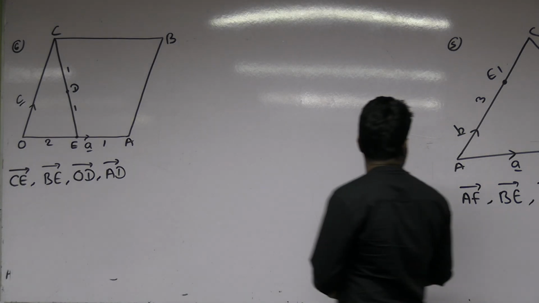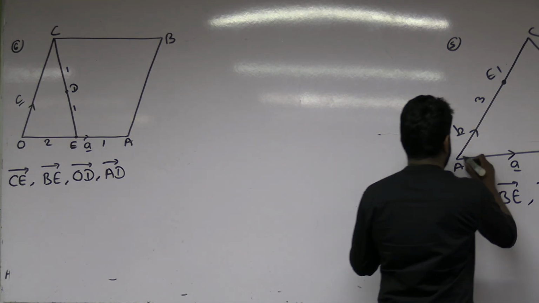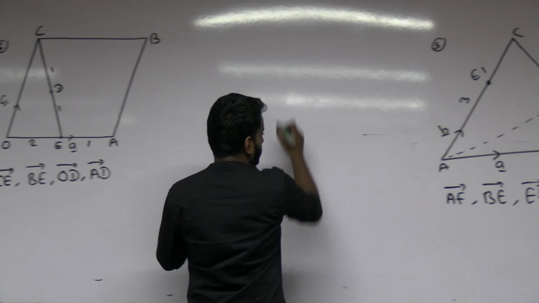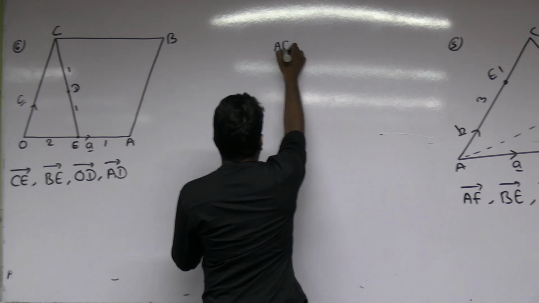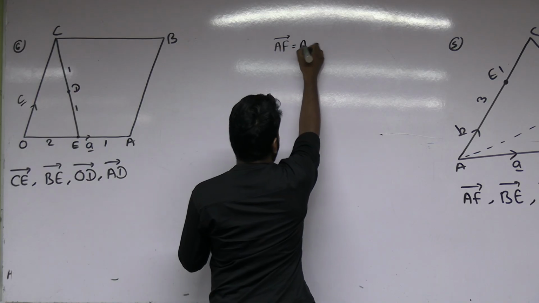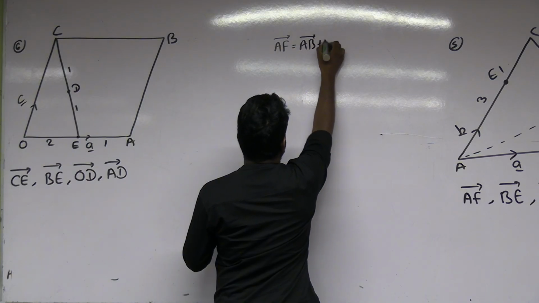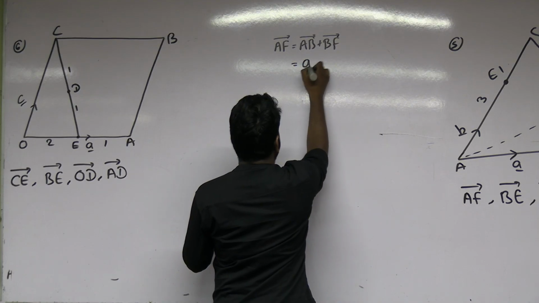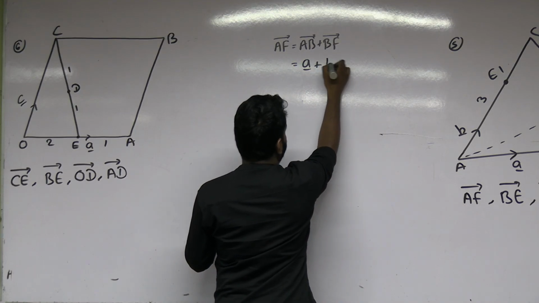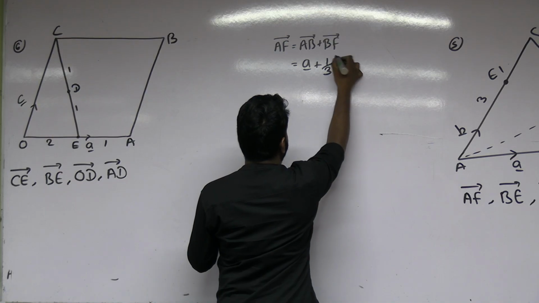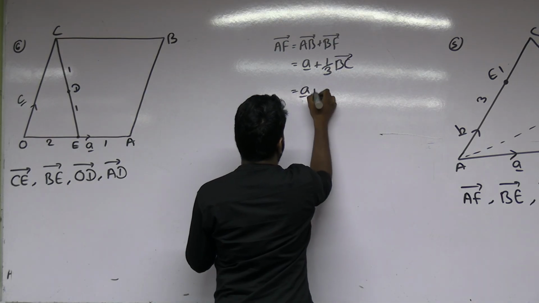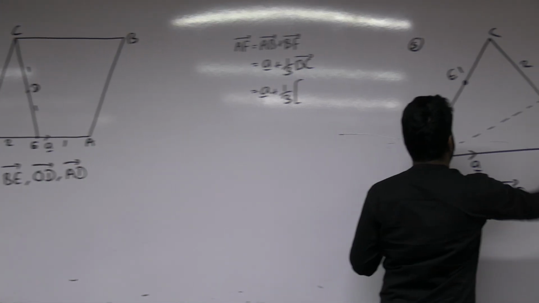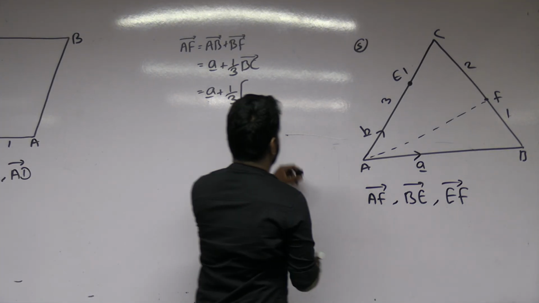Right, so we'll start from here. So AF equals AB plus BF. AB is A and BF is 1/3 BC. BC is a complete vector, you can write it as BA plus AC.